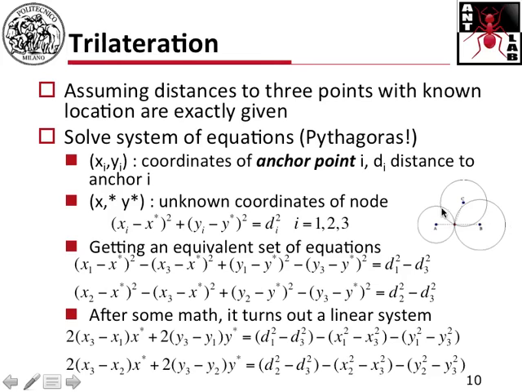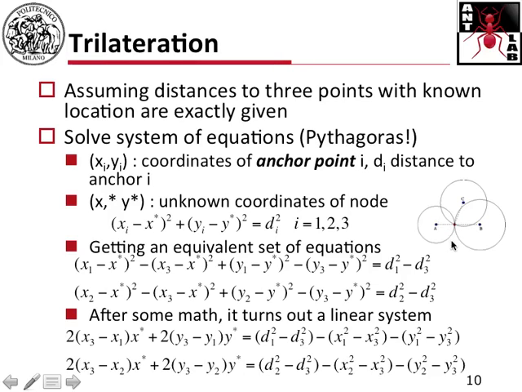And then you want to localize this red point here in the middle. Again, assuming that the module which gives us the distances between this red point and all the three anchor nodes is perfect, meaning that the distances are without error, you can very easily find out what the position of this point is as a function of the position of the three anchors, just by using, for example, Pythagoras theorem.